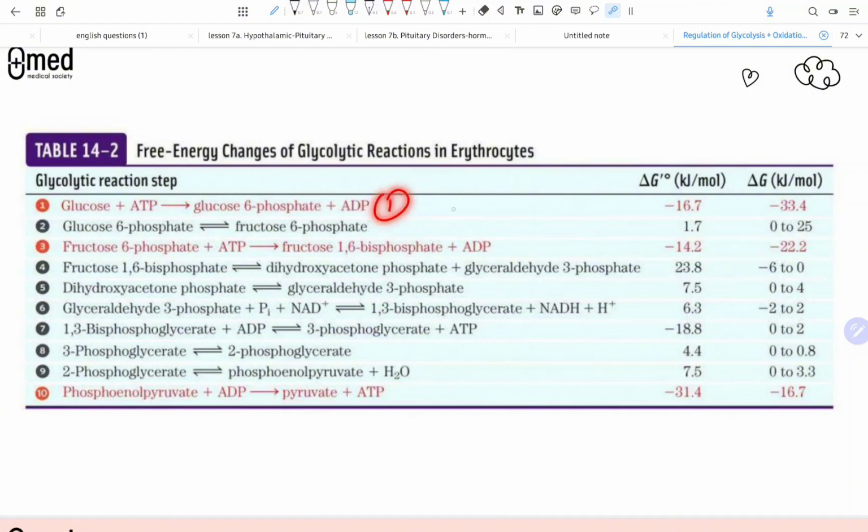Now, which reactions are those that are spontaneous? Of course, they're the ones in red. If I can help you to memorize these steps, I would say that the first step is where hexokinase, the enzyme, takes glucose and locks it in the cell as glucose 6-phosphate. You can memorize it as the step that locks glucose into the cell.